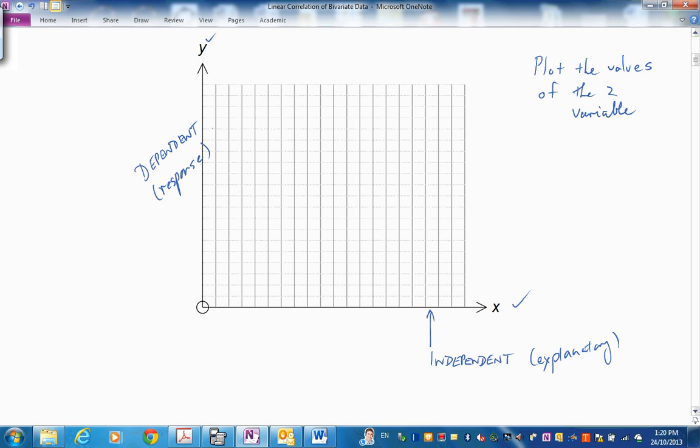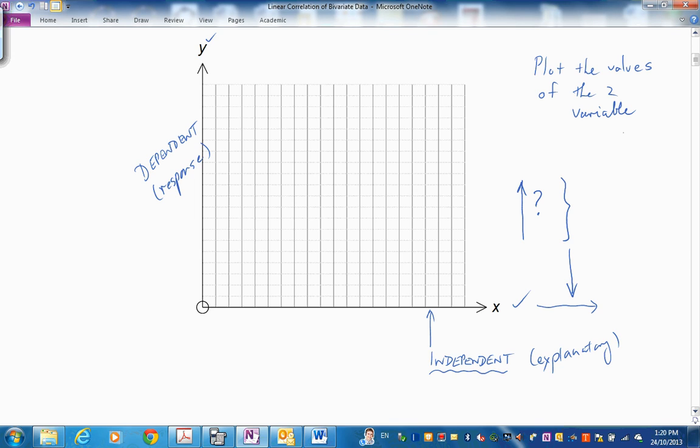Now this is very important that you observe this, because in mathematics we look along the horizontal axis and say, as this changes, what does the dependent variable do? So there is a definite choice here of this one being dependent upon changes in this one. So you must choose carefully when you're plotting bivariate data.